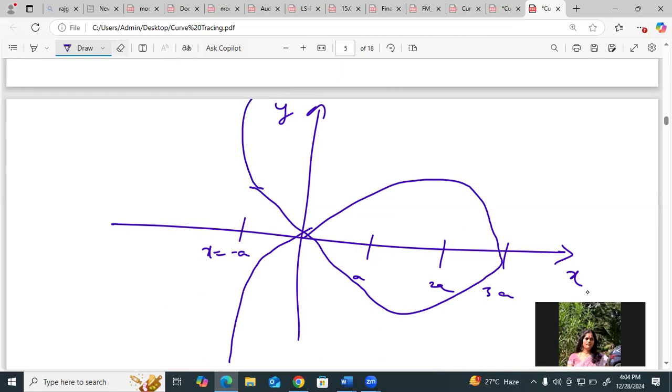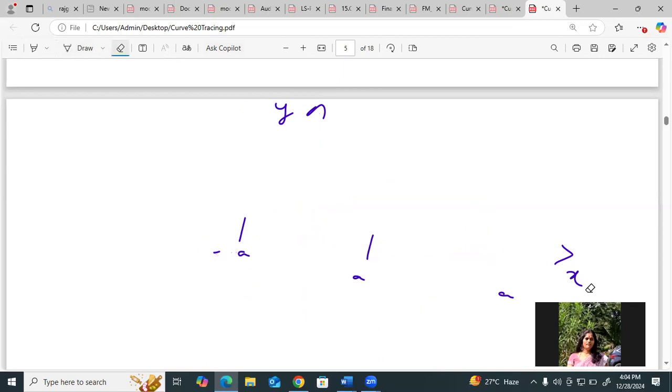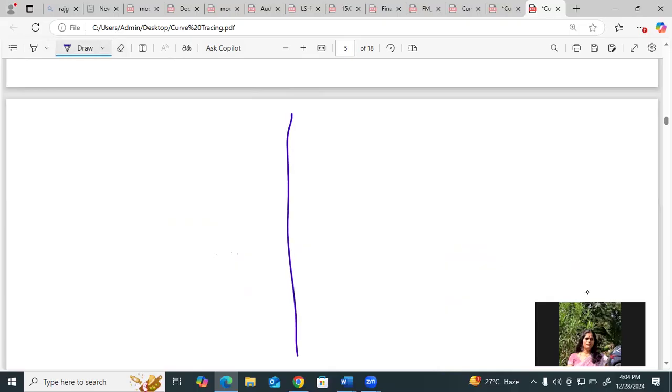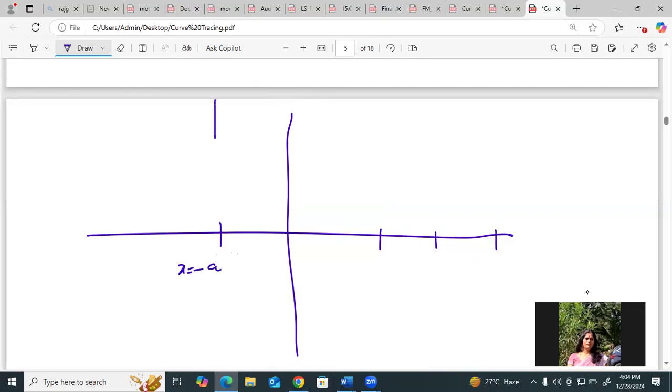Just a second. I'll draw it again because it is very huge. The shape is going out, but the basic shape, I think you understood by now. This is a, this is 2a, this is 3a, this is x is equal to minus a. At this asymptote, the curve will be there.